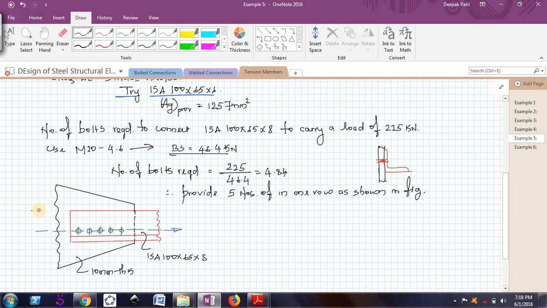I also already told that in the previous videos that whenever it is an unequal angle, try to attach the longer leg to the gusset plate and let the shorter leg be an outstanding leg. So I am here attaching a 100 mm leg to the gusset plate and I am keeping 65 mm leg as the outstanding leg. Now this is actually the connection. So this could be 225 kilonewton.